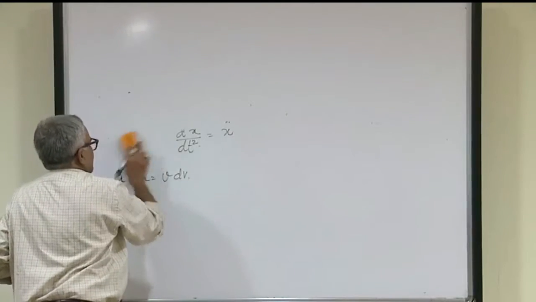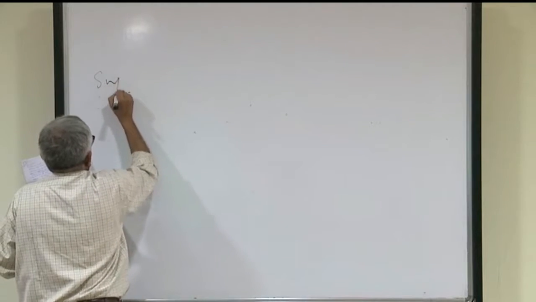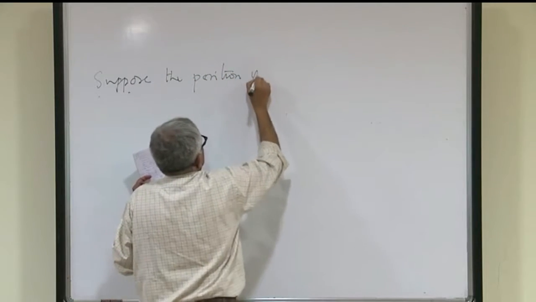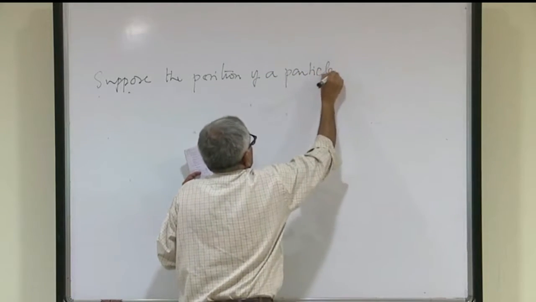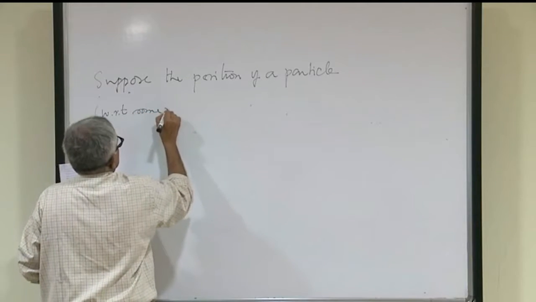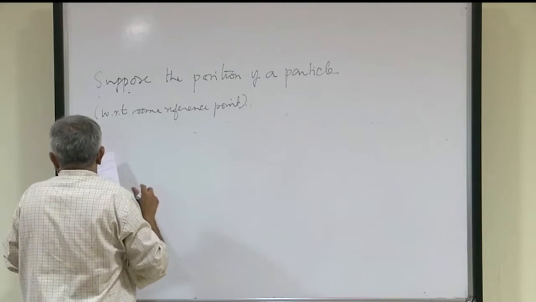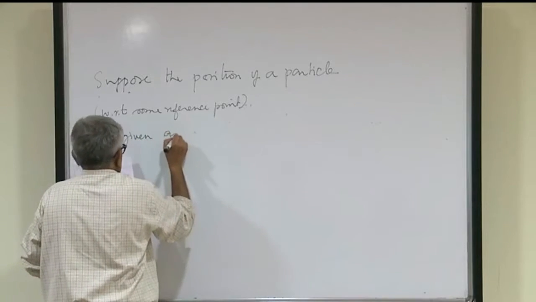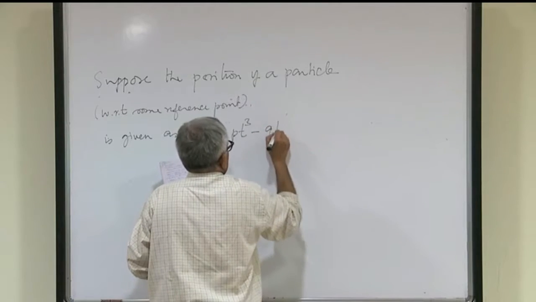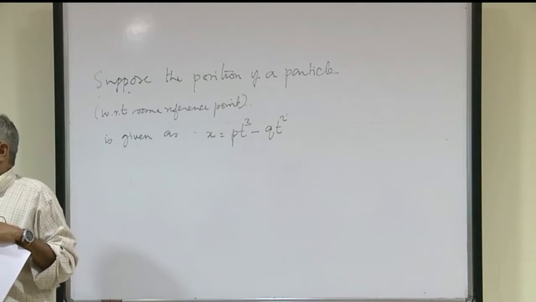Now, what do these things mean? Suppose the position of a particle with respect to some reference point is given as x equals pt cube minus qt squared, where t is the time.